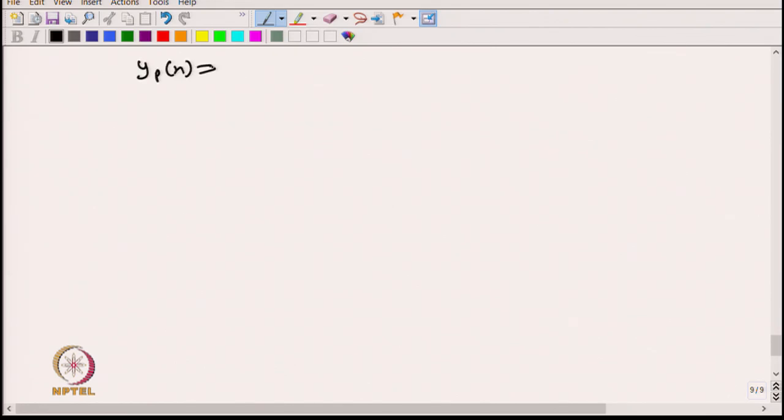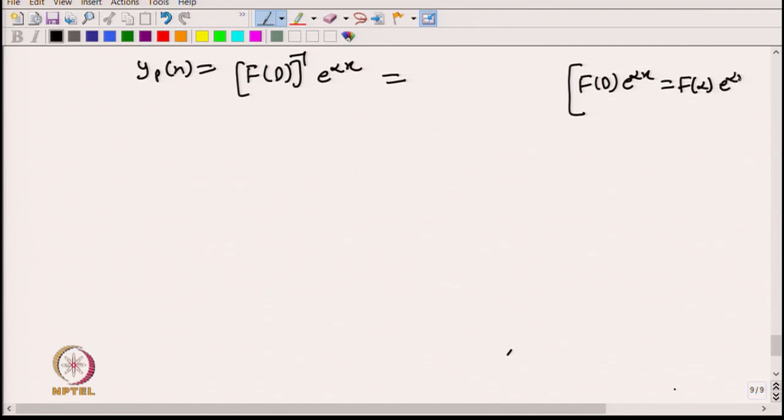As I told you, the particular solution in this case will be f of D inverse e raised to power alpha x, where f of x is e raised to power alpha x. From the previous slides I know that f of D e raised to power alpha x is equal to f of alpha e raised to power alpha x.